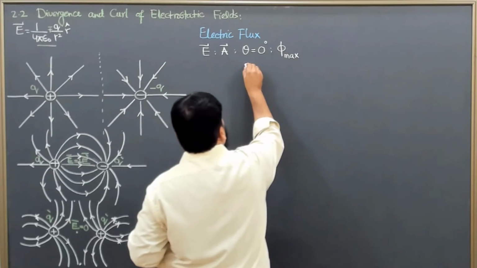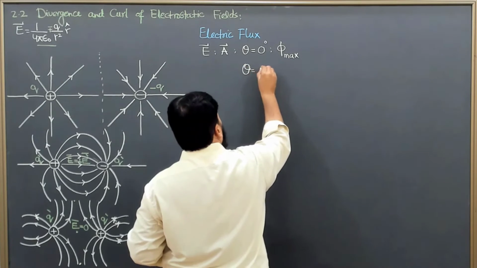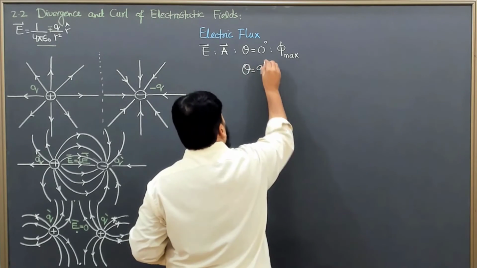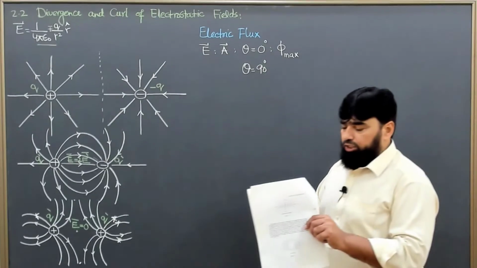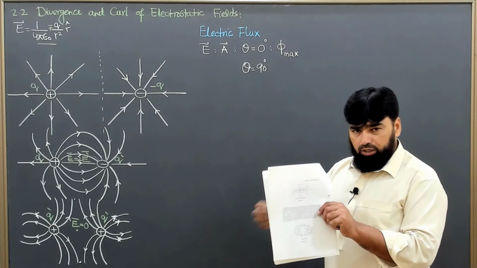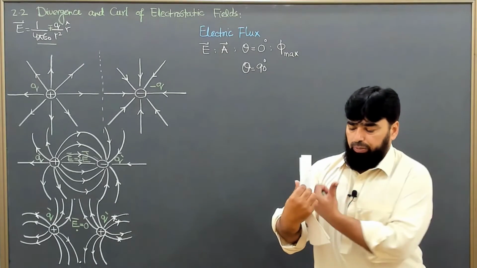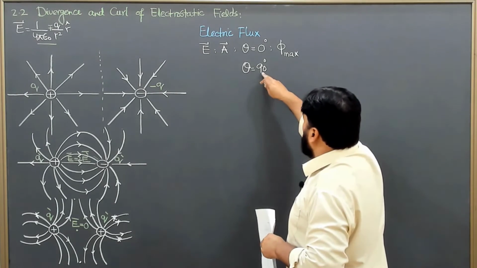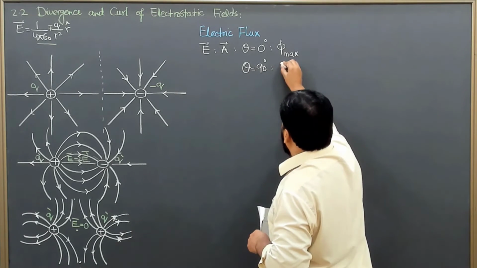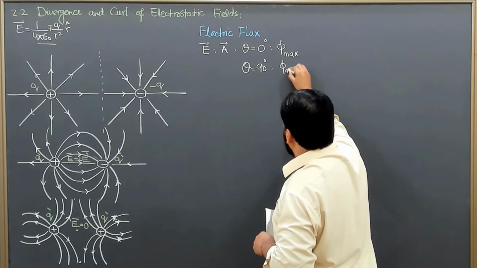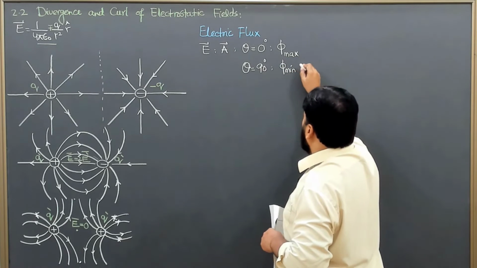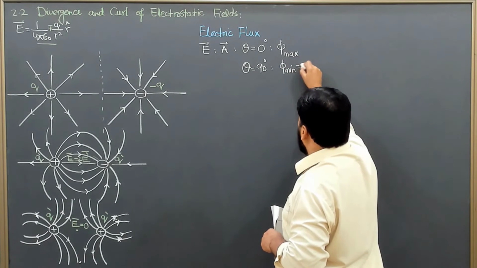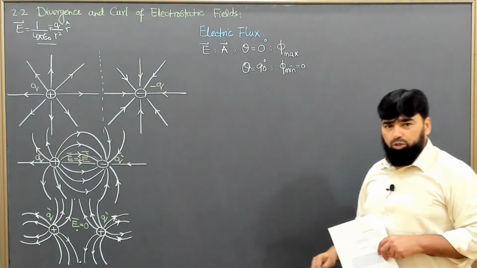And if theta equals 90 degrees, like the area direction is perpendicular to the field line, then we will have the minimum flux, which in reality is equal to 0.